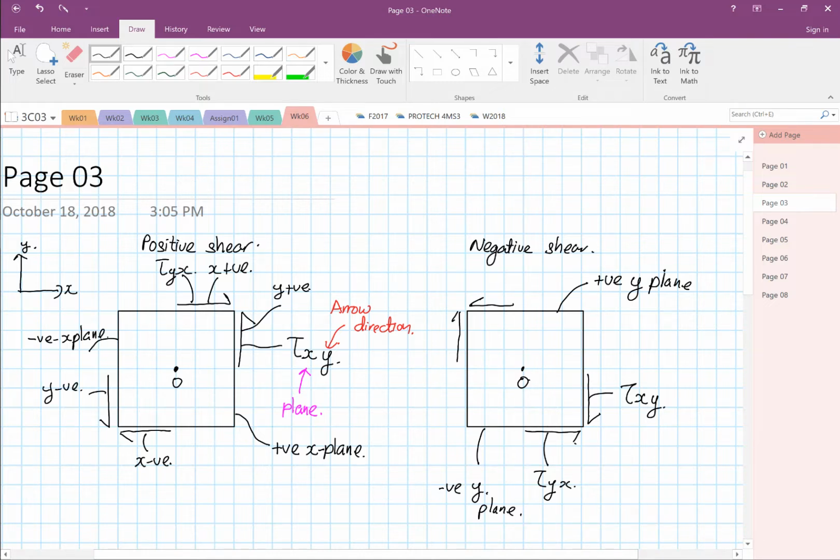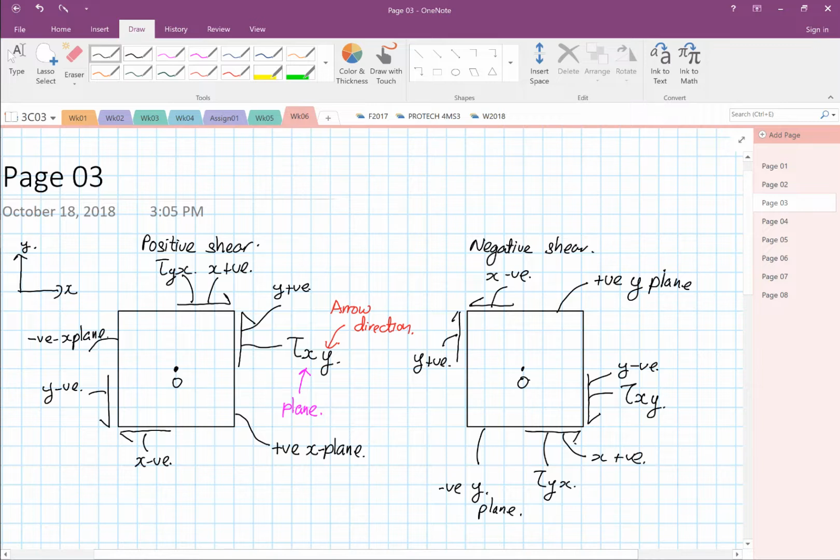If I draw the other side over here, this is your x negative, this will be your y positive, this will be your x negative, and sorry, that will be your y negative, and this will be your x positive.